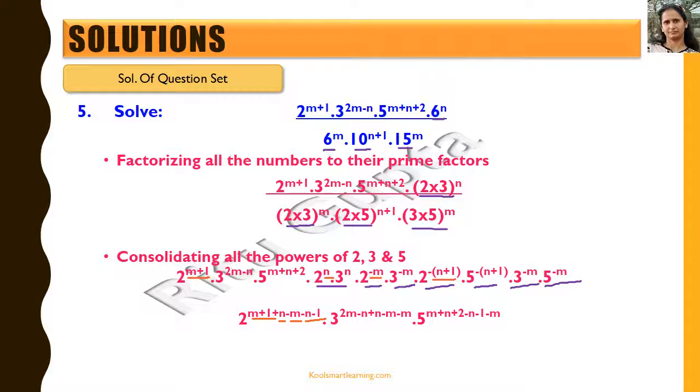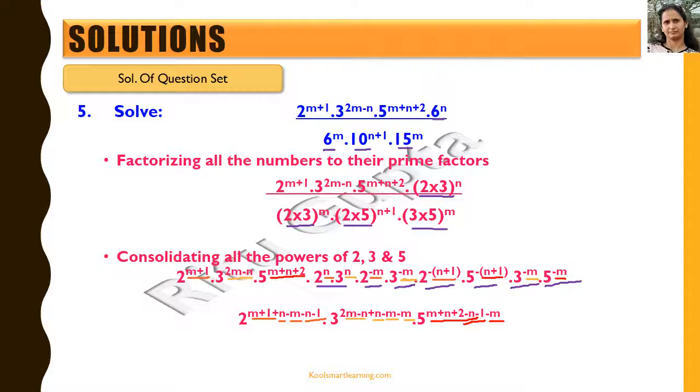For 3 raised to power, we have 2m minus n plus n, and then we have minus m and another minus m. This multiplied by 5 raised to power m plus n plus 2, and then we have minus n minus 1, and then we have minus m.